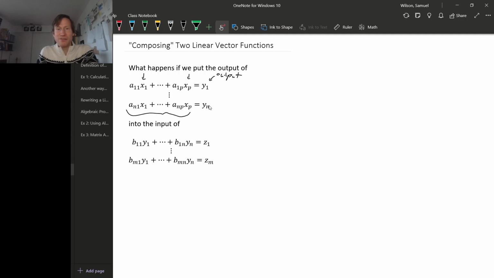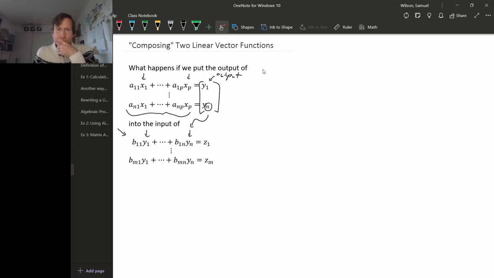And because we have n different outputs, n entries in this output vector, and this other linear vector function takes n inputs, we can take these n outputs from the first and put them into the n inputs to the second. So this is just a composition of vector functions.